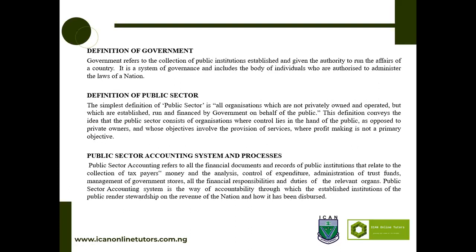What do we understand by government? In our basic knowledge of government, we learned that government entails or refers to the collective public institutions that are elected to govern, to control resources of a nation and give account of all the activities that have been entrusted to the public officers or public office holders.